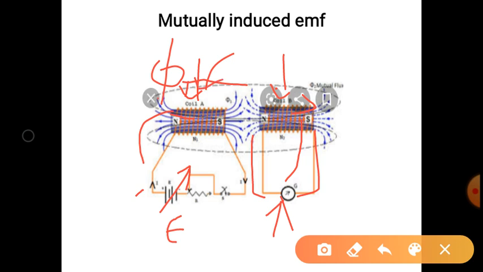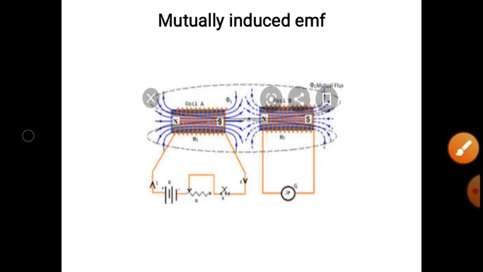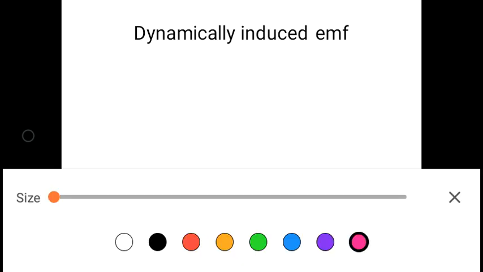So where do we use this type of induced EMF? Statically induced EMF is used in transformers. So we'll move to the next concept: dynamically induced EMF. As we know, in the case of statically induced EMF, the flux will be changing and the conductor will be constant.